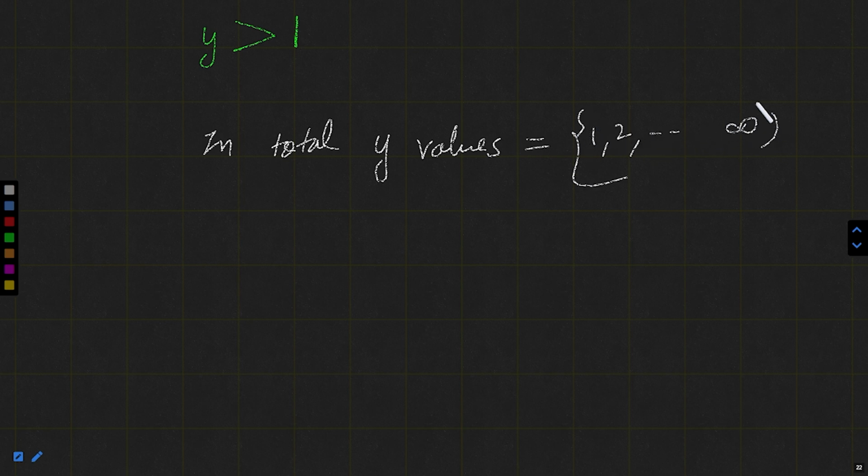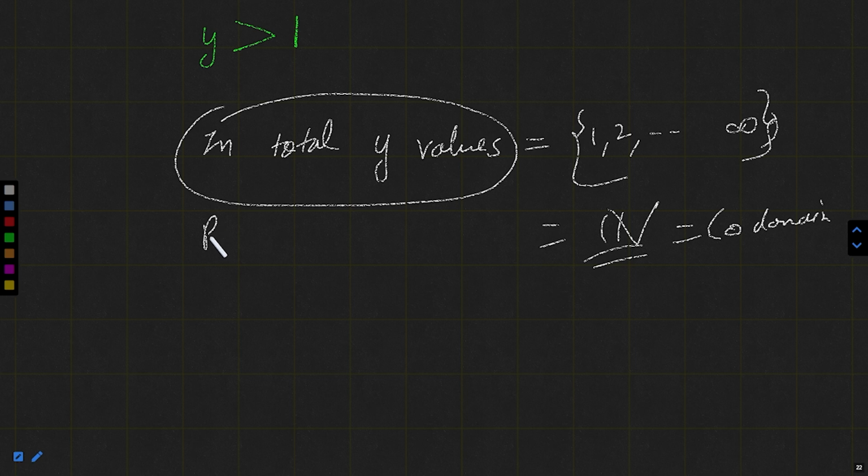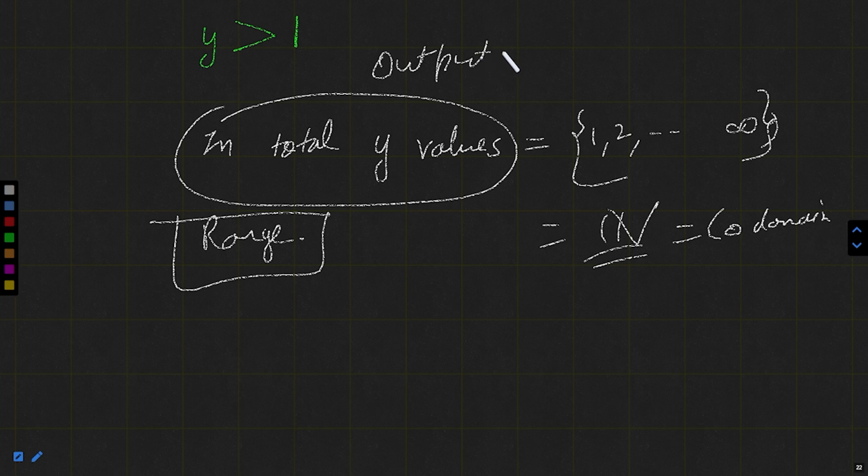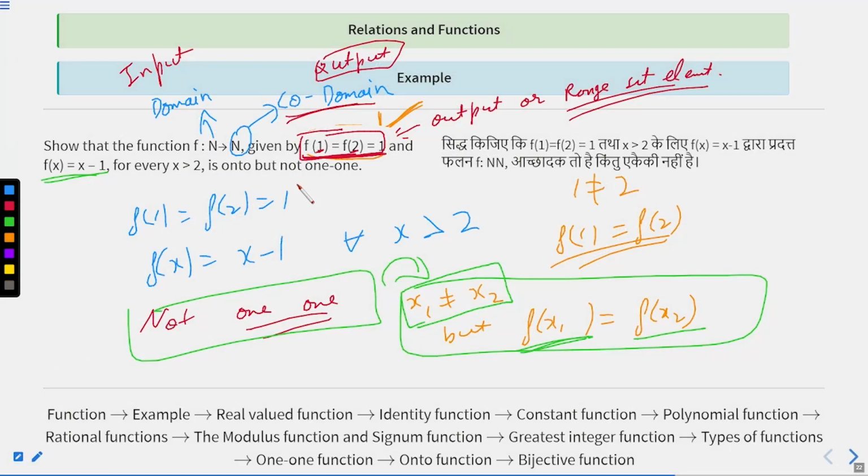So this is my natural number set, and this is the codomain set, and this is the range set, or the output set. Yes, so this means it is onto. So we showed onto, we showed not 1-1. Okay, I hope that it is very clear to you.